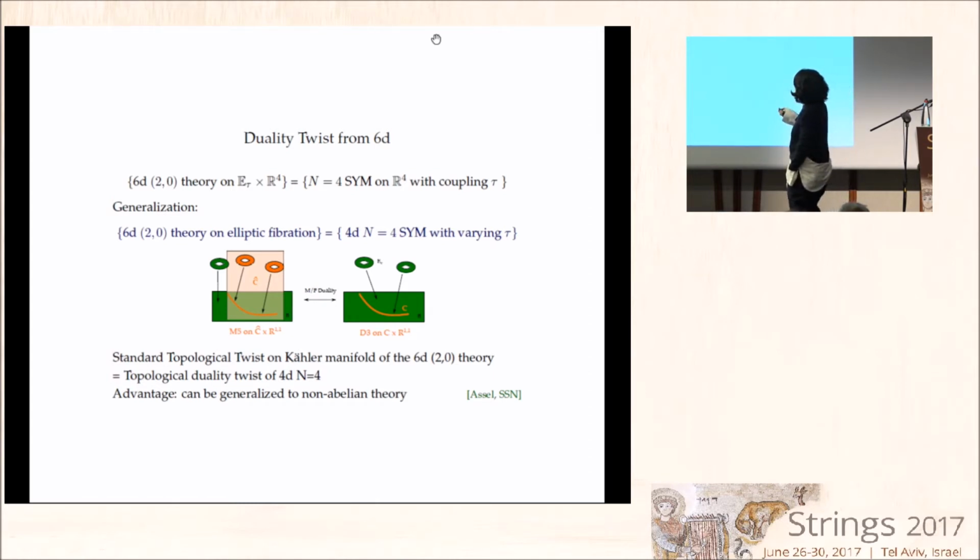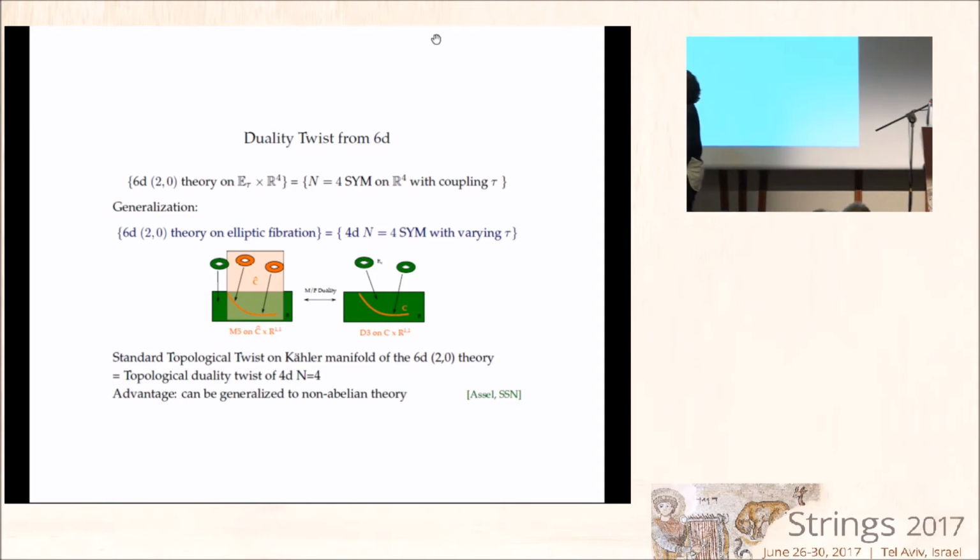The D3 branes, under M-F duality, map to M5 branes that wrap the elliptic fiber restricted to this curve. So this is a complex surface times R^{1,1}. In M-theory, we'd be looking at M5 branes on a surface of this very specific form.